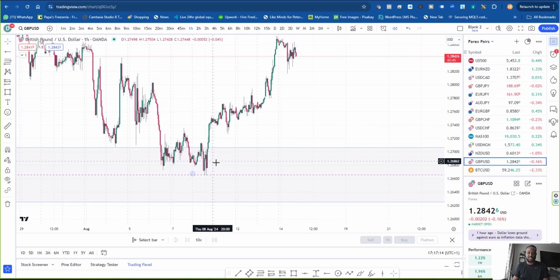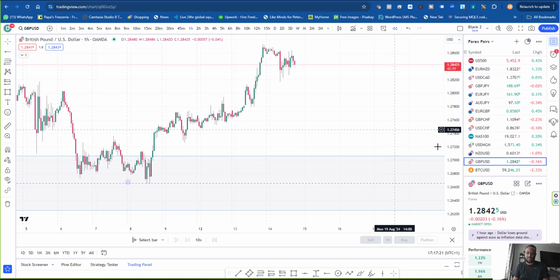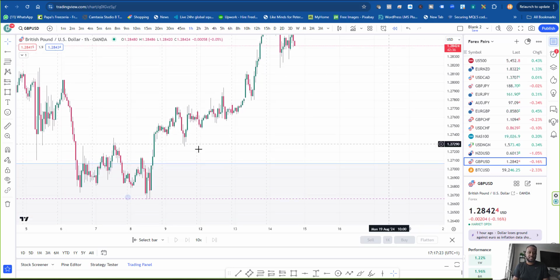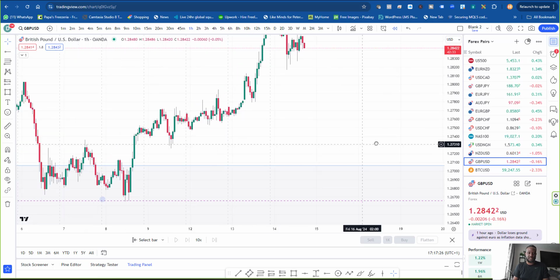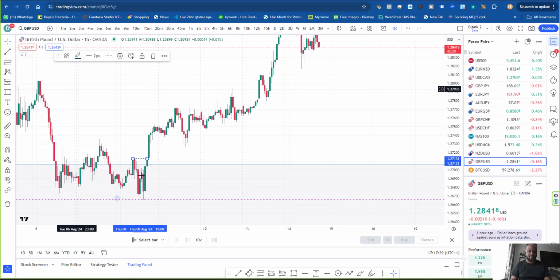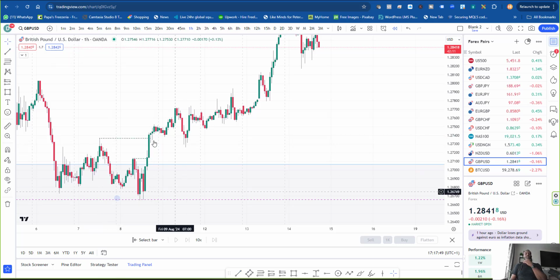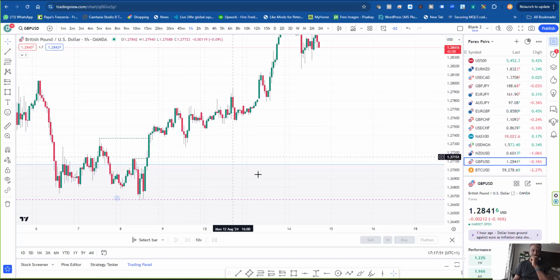From the moment price came into this demand, the question then is whether price would give us some confirmation that it was ready to start going up. And so, looking at the 1 hour time frame, we can see that price for the first time here broke structure. So that's a change of character. We're down here, but the break of structure here was ready now to start pushing up.